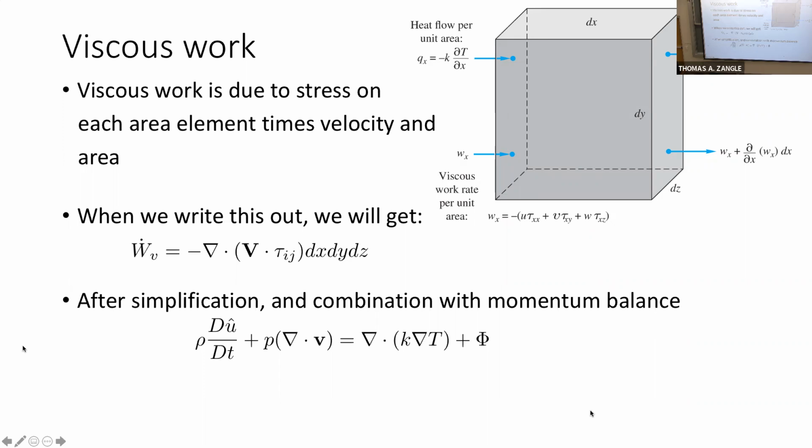And I've written this here as a general operator. But if we now say D internal energy Dt, the total derivative of internal energy with time, plus v dU/dy plus w dU/dz.